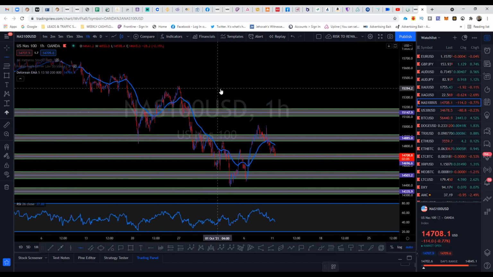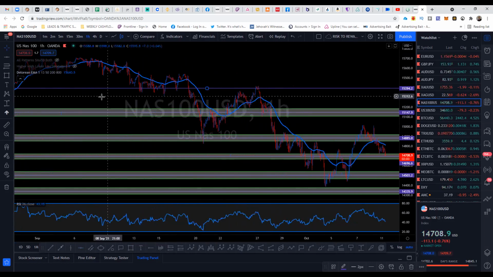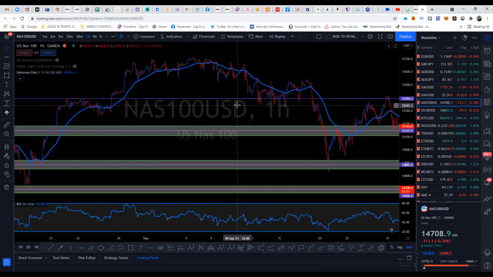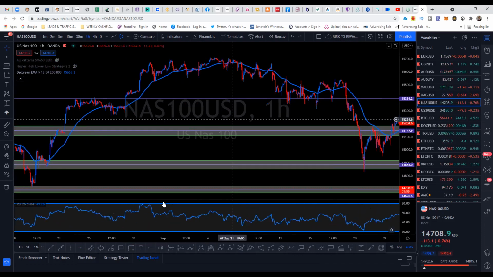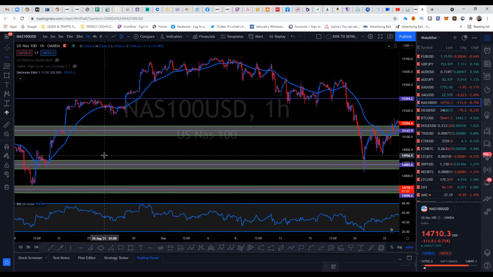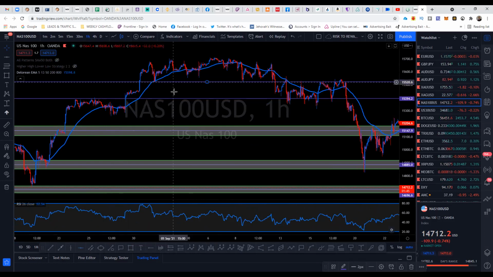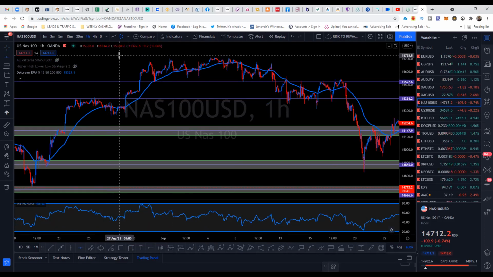Just real quick, going to zoom in just a little bit more. Put one there. A bunch of wicks there. And we'll just put one all the way to the top.